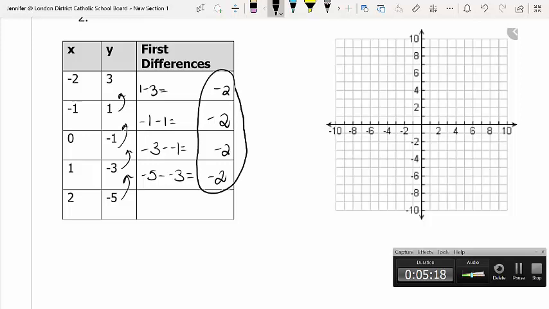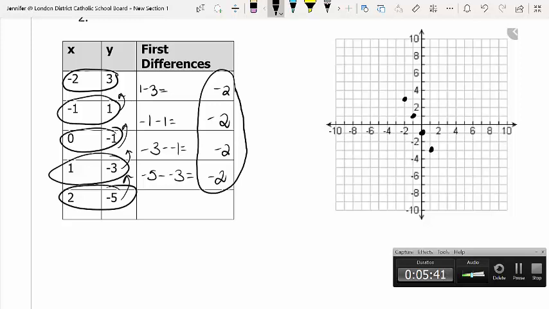Let's go ahead and plot the points. The first point we're going to plot is -2, 3. Then we're going to get -1 and 1. Then 0 and -1. 1 and -3. And 2 and -5.